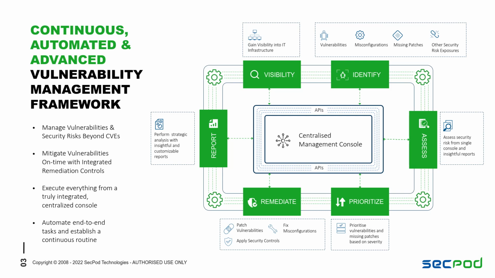All these green boxes that you see on the slide operate in silos. Each of them could be a different product. You could know your vulnerabilities, but to patch, you might need another tool. And often these components do not feed into one another, and the ineffectiveness starts there.